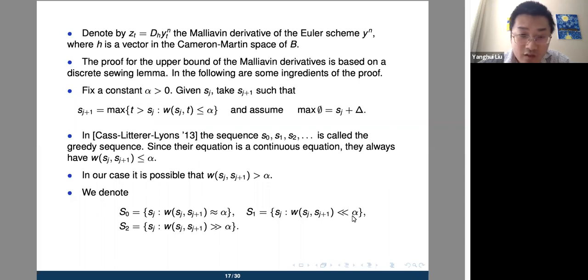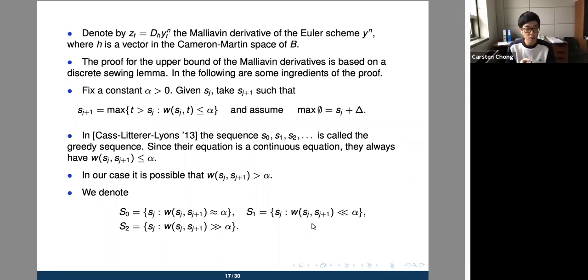In the continuous case, in Cass-Litterer-Lyons' paper, they only encounter a small step in the last step. Most of their steps are equal to alpha because the equation is continuous, and they only have one term that is smaller than alpha, which is the last term.